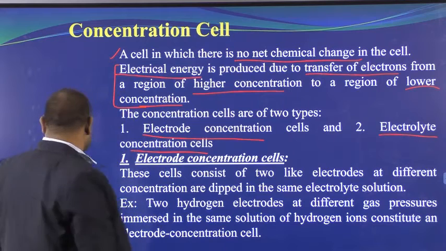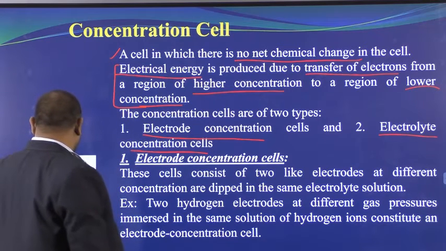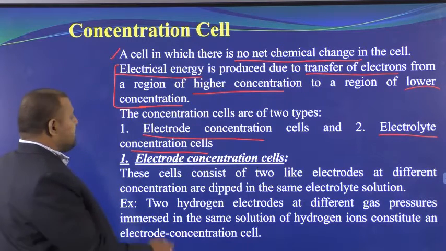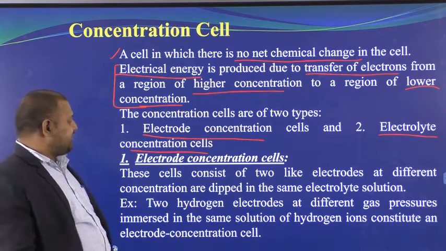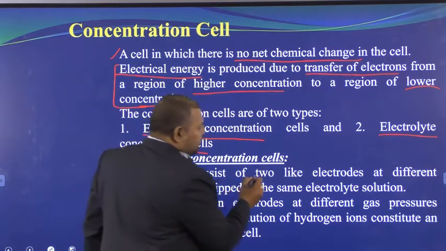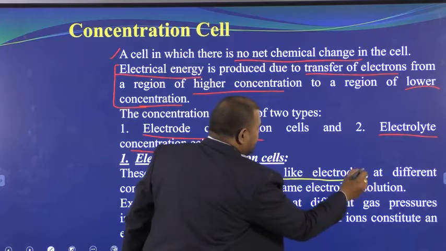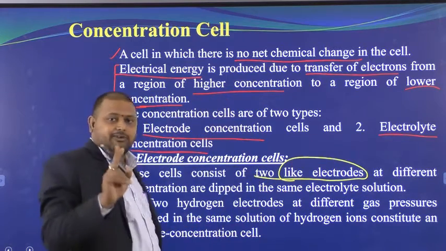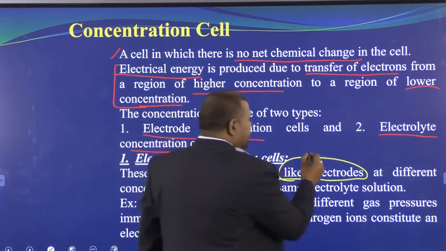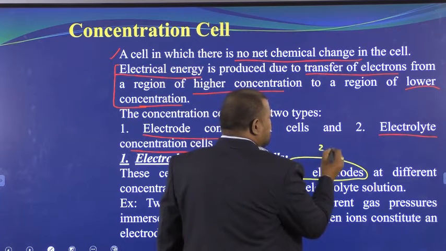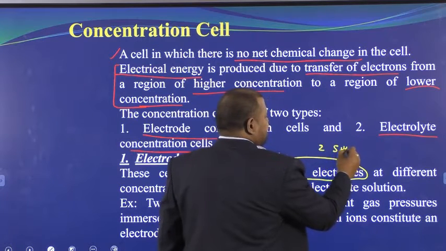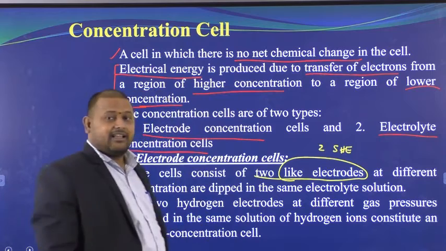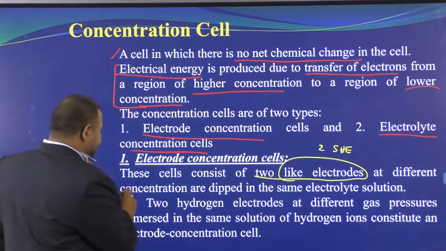The first one we will discuss now. What is an electrode concentration cell? Here we have two like electrodes, meaning we take two identical electrodes, for example two SHEs. Yet the concentrations are different.